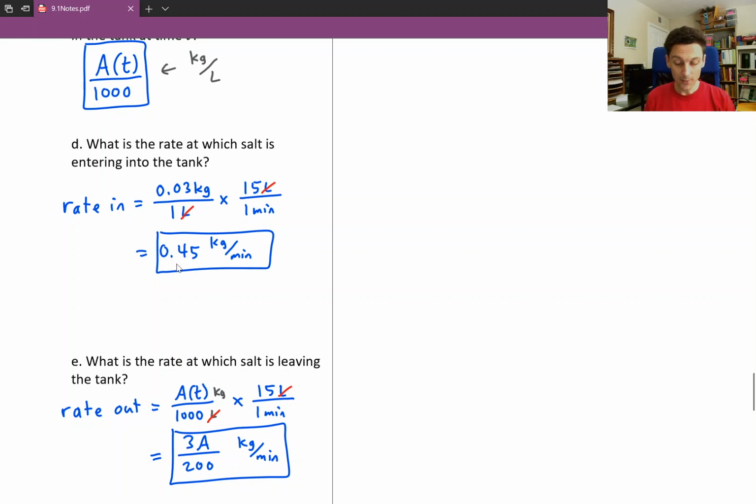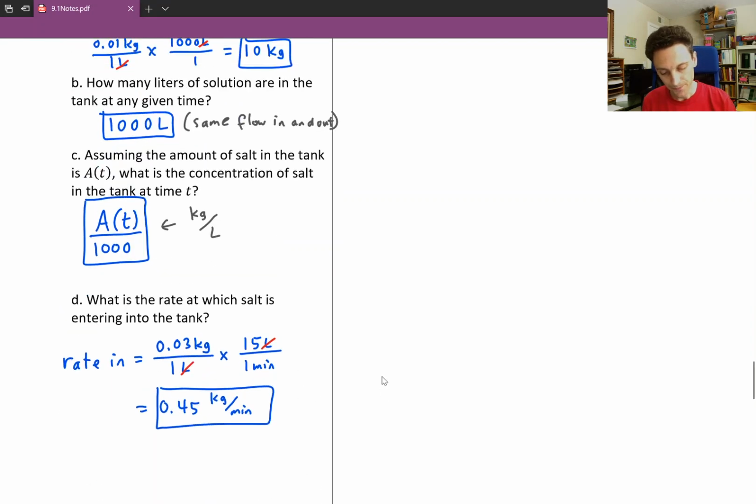So we have our incoming rate, which is a constant 0.45 kilograms every minute that passes. The outgoing rate at which salt is leaving the tank depends on how much salt there is in the tank at any given moment, so that changes as time changes. It's 3A over 200 kilograms per minute for part E.